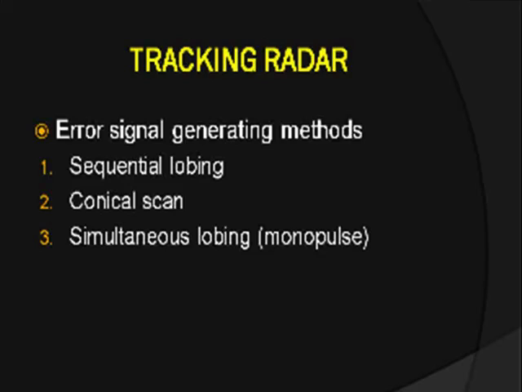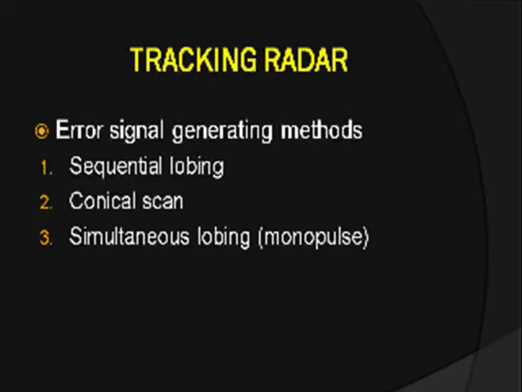So, what we can understand is that the error signal generating methods must be accurate to have good accuracy of tracking. So for this, we have several techniques. One is sequential lobing.